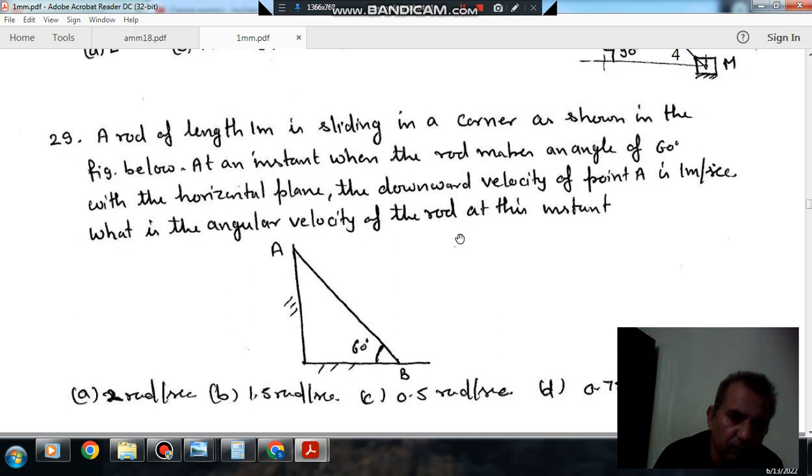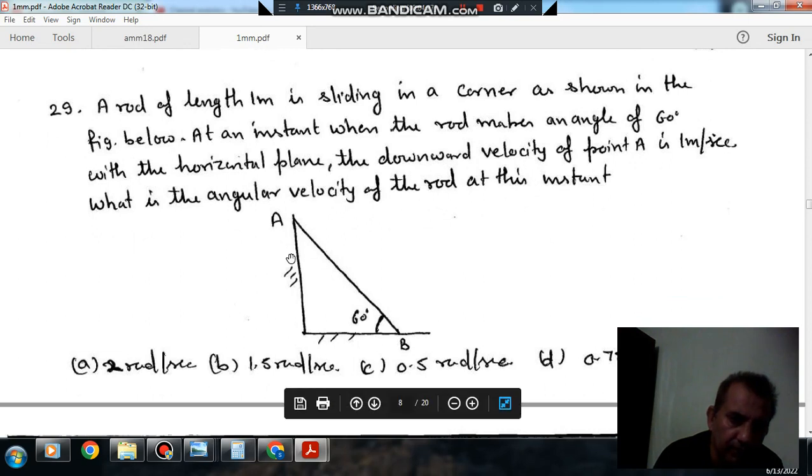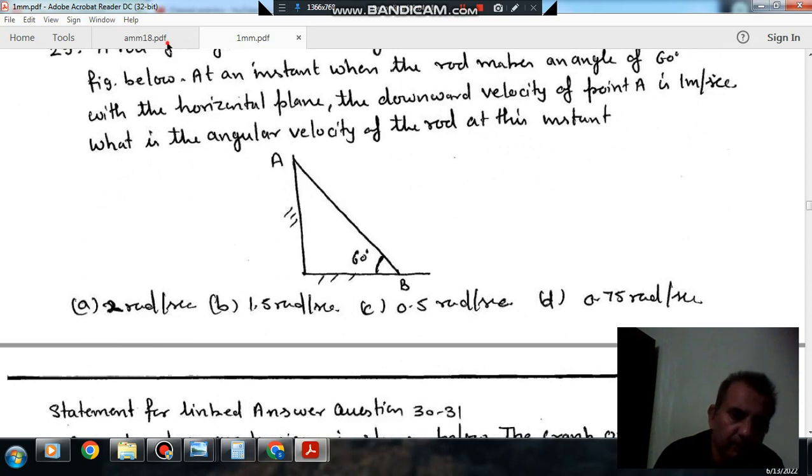What is the angular velocity of the rod at that instant? So these are two surfaces, this is one surface, this the other surface. This is your rod AB, and this is making an angle of 60 degrees. Option A 2 radian per second, option B 1.5 radian per second, option C 0.5 radian per second, and option D 0.75 radian per second.